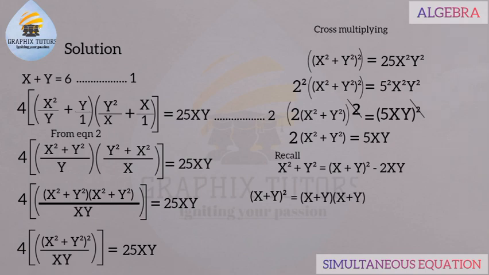If you move further, you'll have x squared plus 2xy plus y squared. Now, if you make x squared and y squared the subject of the formula, the 2xy will go to the other side to become negative. So we'll have x plus y all squared minus 2xy equals x squared plus y squared. So that is how we come about that.